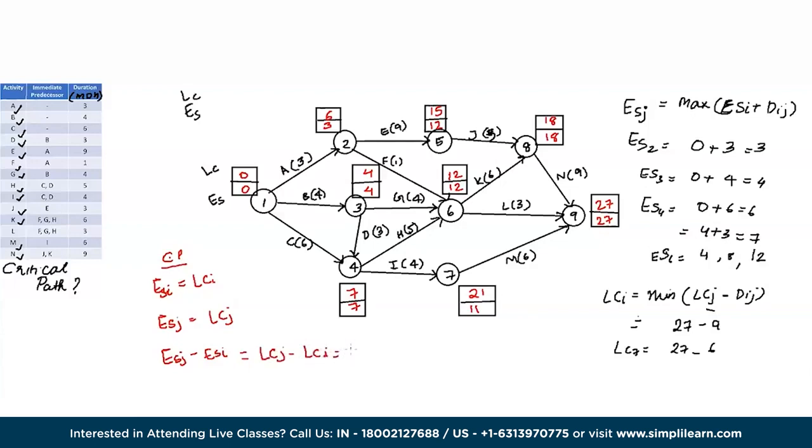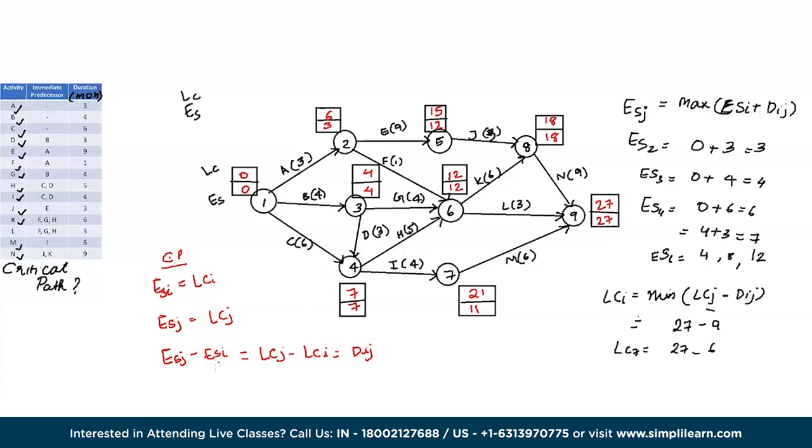They should also be equal to the distance between the two nodes. So let's have a look at which of the following satisfy these conditions. As you can see clearly, node number 1, node number 3, node number 4, node number 6, node number 8, and node number 9. So all of these nodes I mentioned satisfy these two criteria.